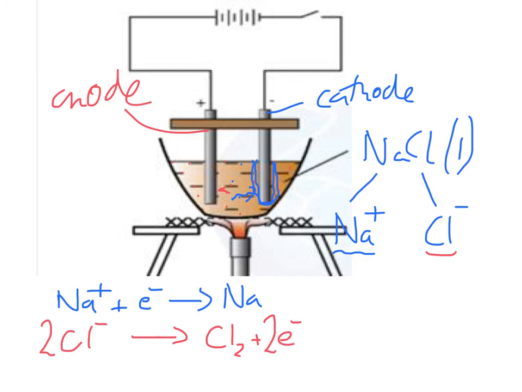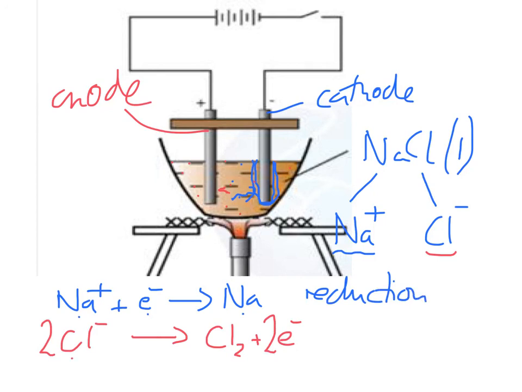These equations are known as half equations, and you can see that the sodium is gaining an electron to form a sodium atom, and as it's a gain of an electron, that means that process is a reduction.